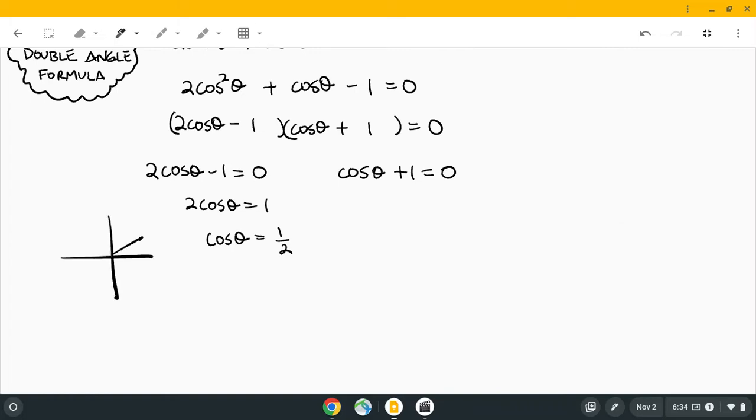Cosine is positive here and here. So this is going to be pi over 3. So theta equals pi over 3. That's one answer. And so that's this one, pi over 3. And the one way over here, it's 1/3, 2/3, 3/3, 4/3, 5/3.